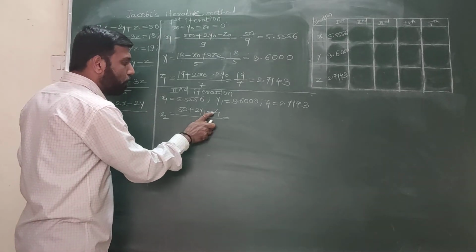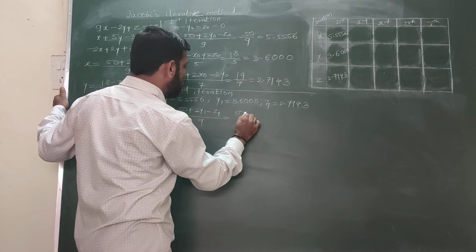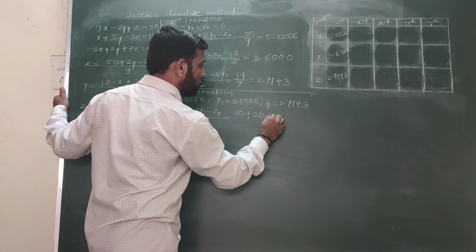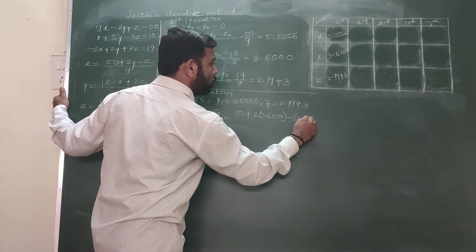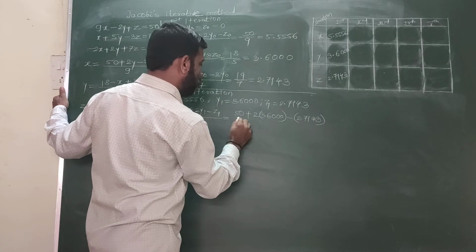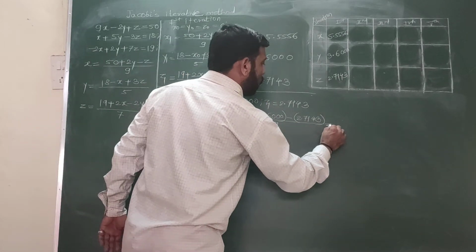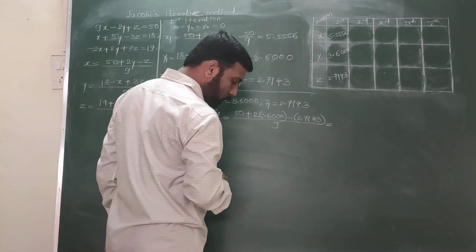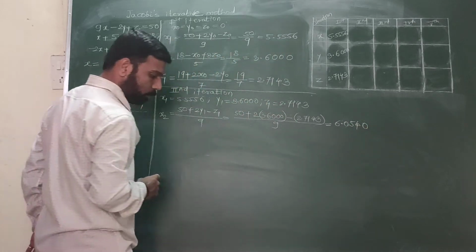Now you put in the values of y1 and z1. After the calculation, the value of x2 becomes 6.0540.